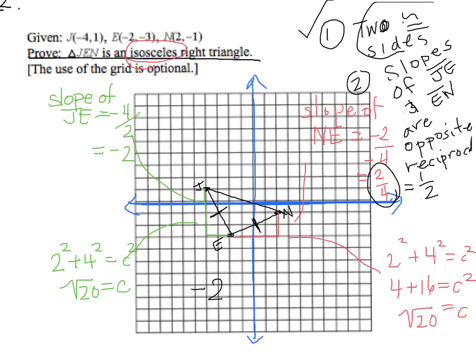So now let's take -2, and if we multiply that by 1/2, we're going to end up with -1. Yes! And that's what we wanted. Remember, if that happens, that means these 2 segments are perpendicular, and that means this is a right angle. So now we've actually proved that with these 2 things.